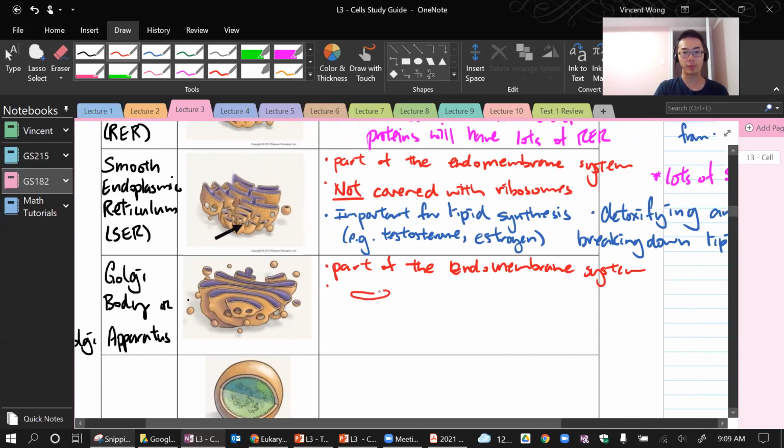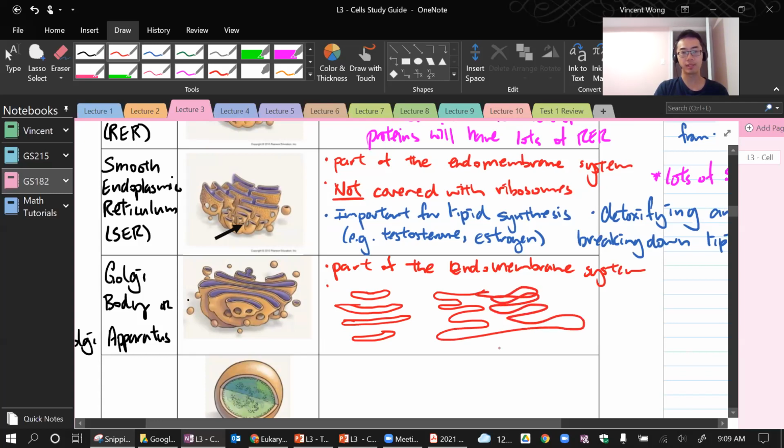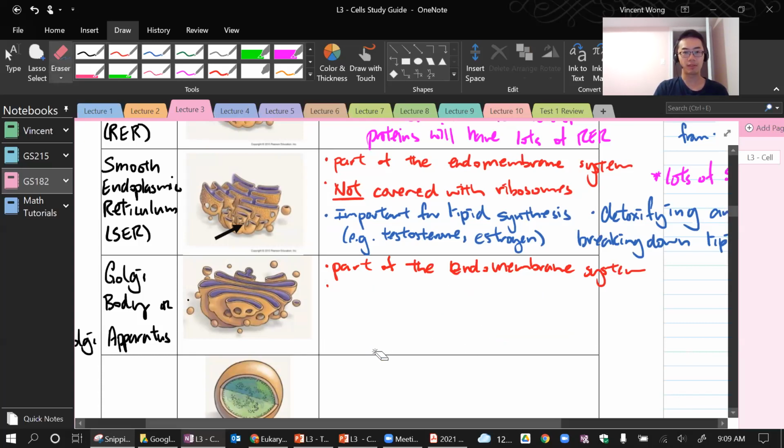If I have to draw it, it would be one stack here, 2, 3, 4. That would be the Golgi, as opposed to the ER, which is more continuous. You understand? So, separate versus continuous. I'm going to erase that so I will have space.